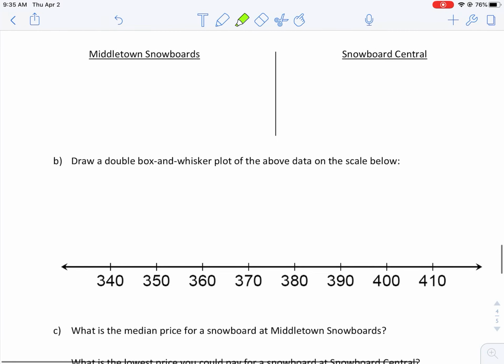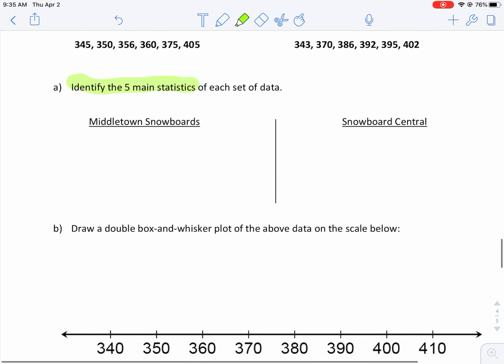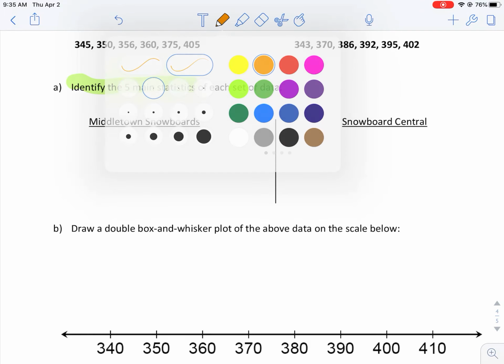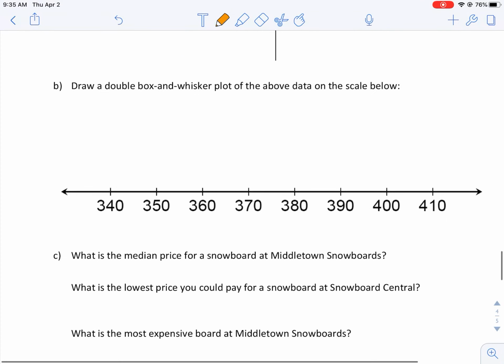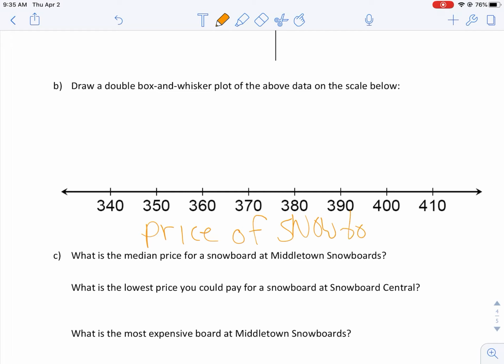Make sure that we label the graph. So this is price of snowboard. Spelled board wrong. Quiet. All right.